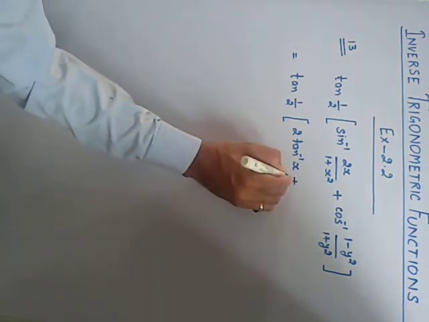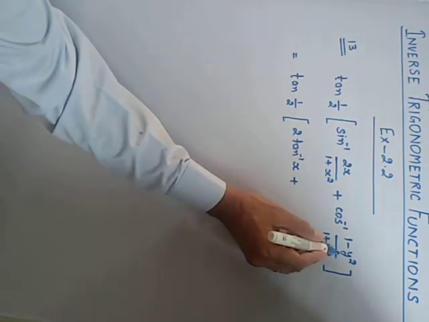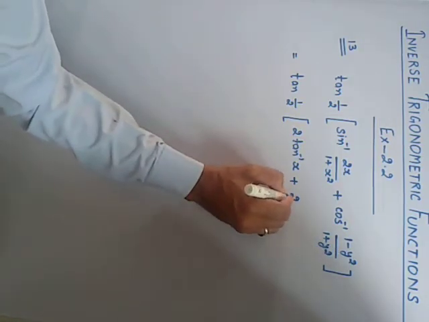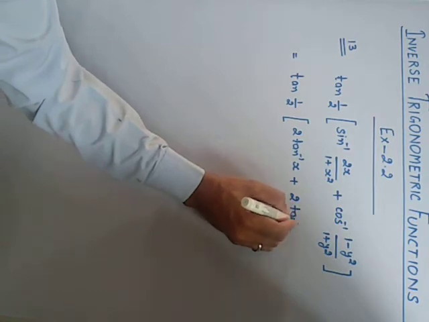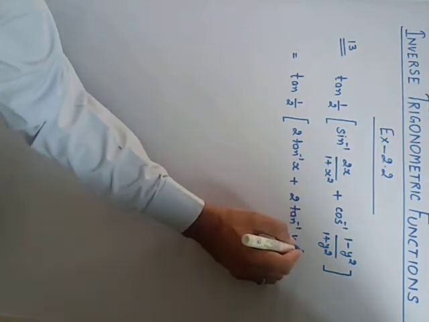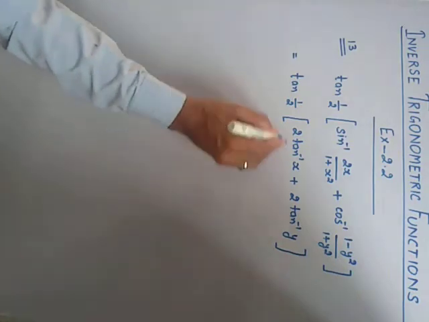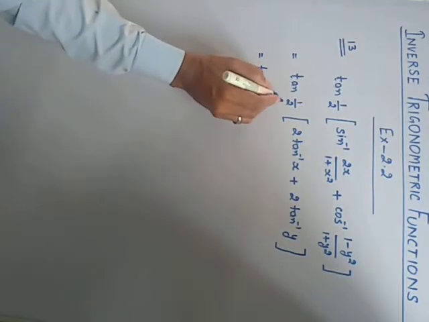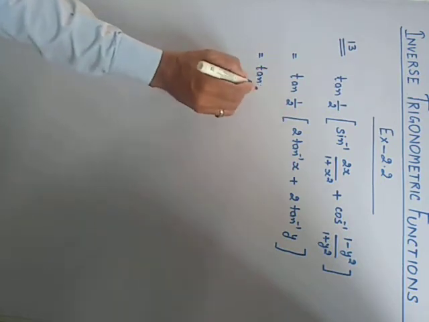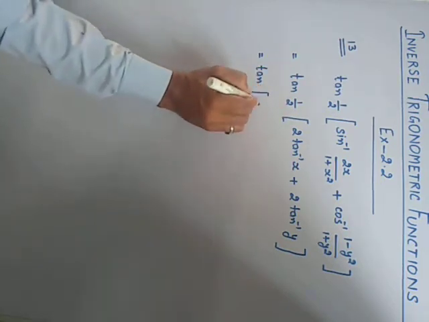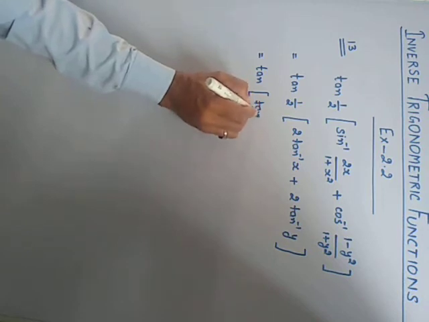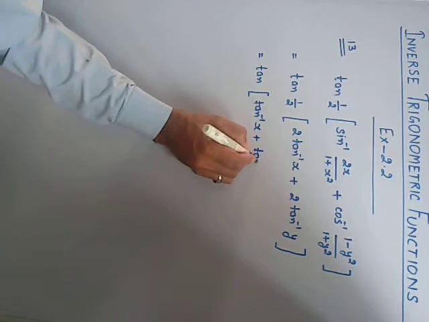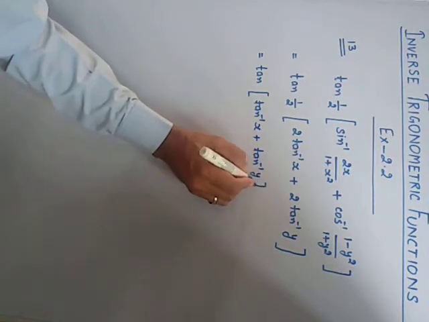Similarly, cos inverse 1 minus y square upon 1 plus y square is again the formula of 2 tan inverse y. Now 2 we will take common. So 2 into half is 1, and inside the bracket it is tan inverse x plus tan inverse y.